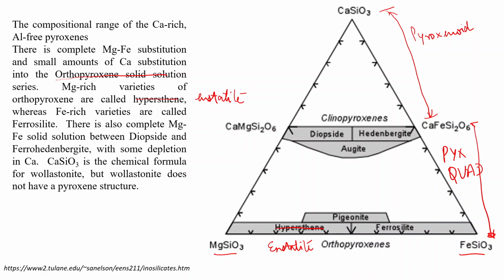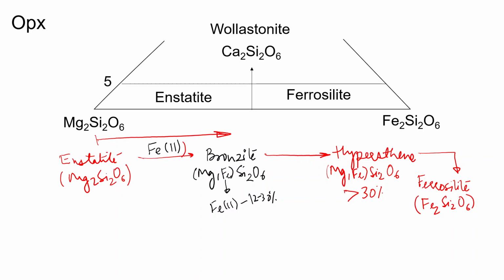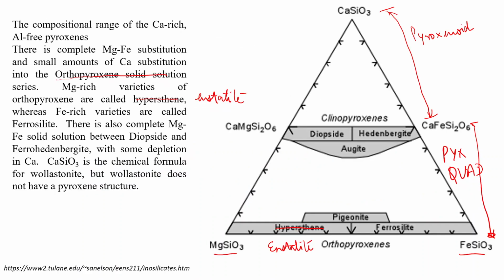But as I have just told you how the variations have taken place in the previous slide, from enstatite to hyperesthene, once the magnesium starts to get replaced by iron, it becomes hyperesthene.